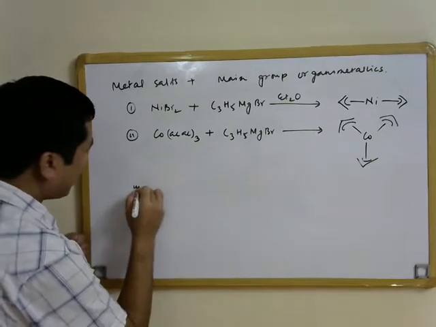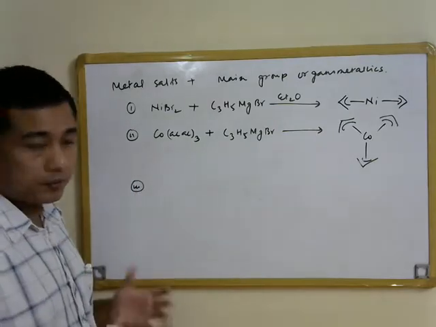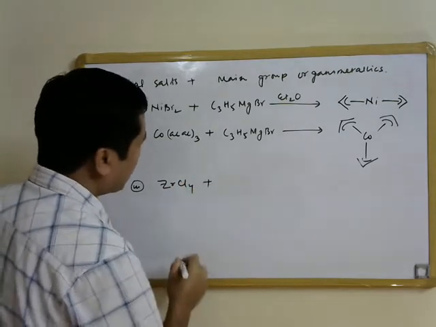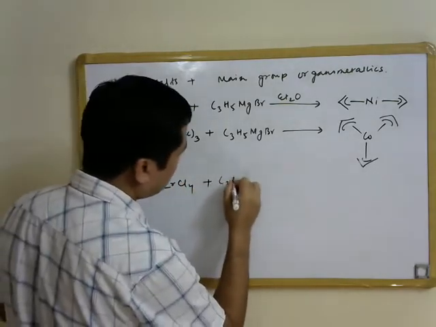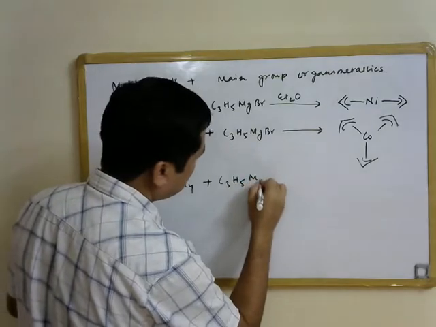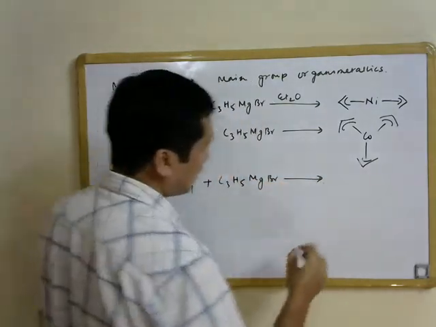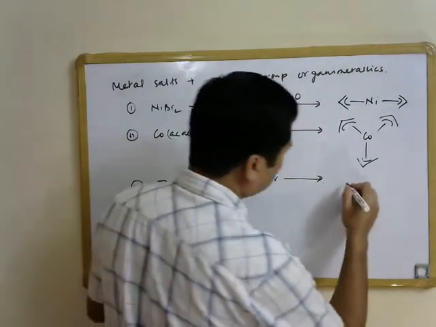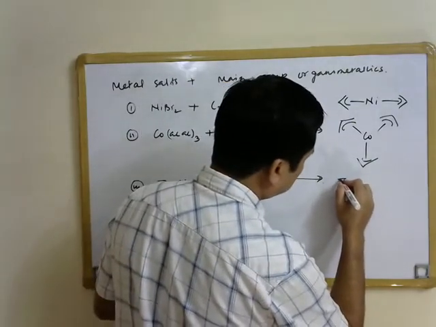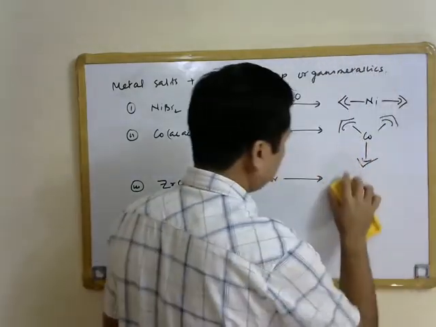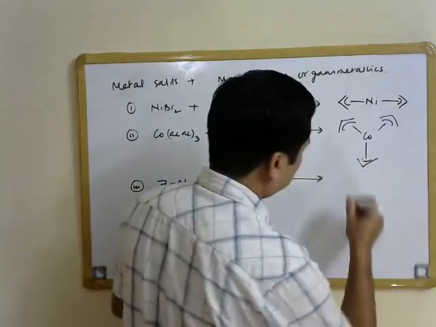Then one last example of this type of metathesis reaction, one can take zirconium tetrachloride and then this will give us tetraallyl zirconium.